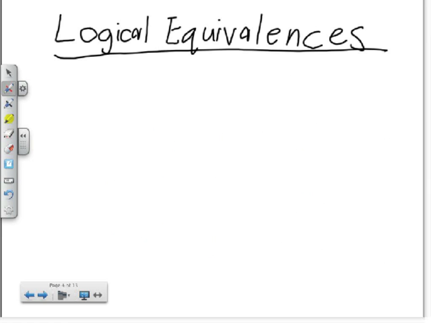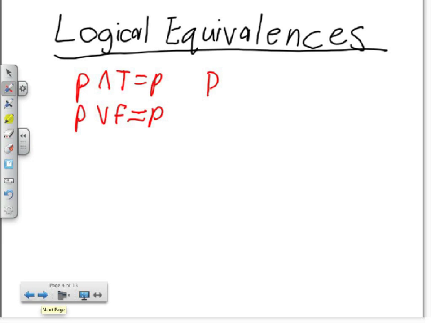We have a set of logical equivalences that we can use to prove certain statements are true, like the identity laws: P and true and P or false are both equal to P. We have domination laws, which are P or true is equal to true, and P and false is equal to false.